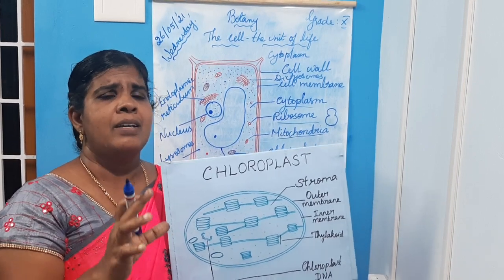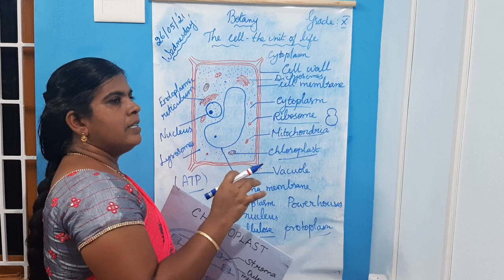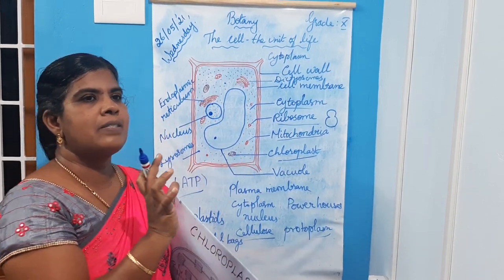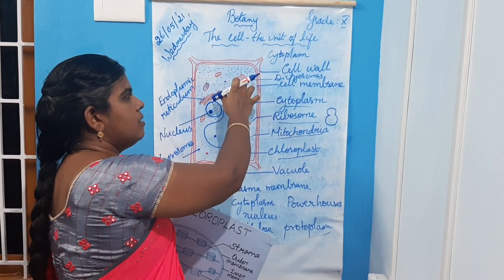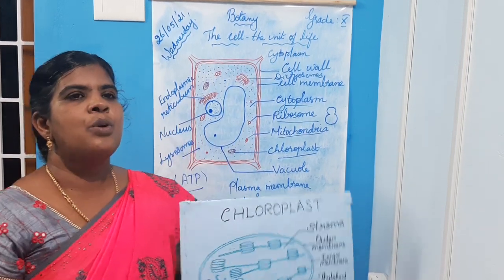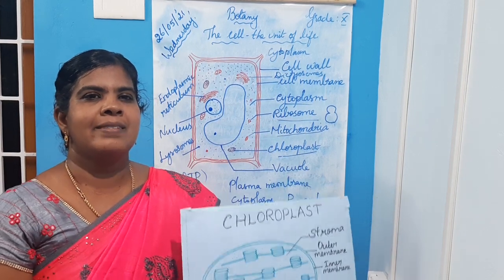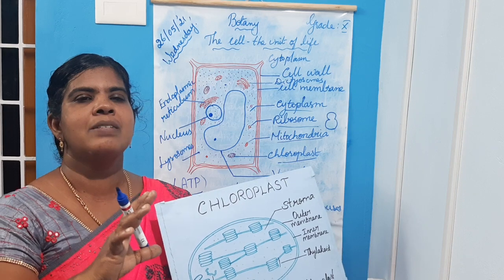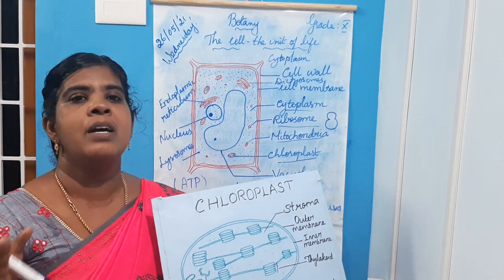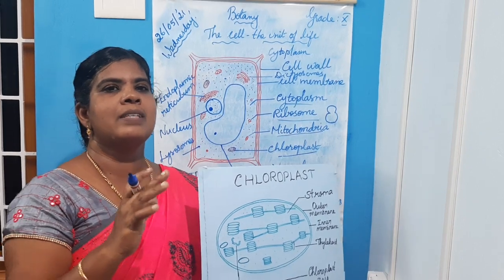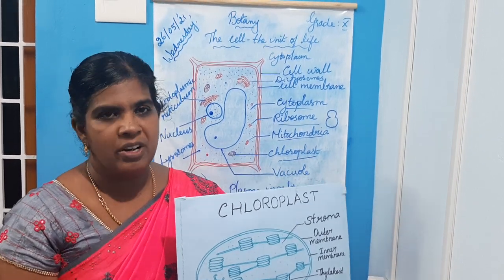Prokaryotic cells lack membrane-bound organelles, and the nucleus is not bounded by a membrane, so we say the prokaryotic nucleus is a nucleoid.